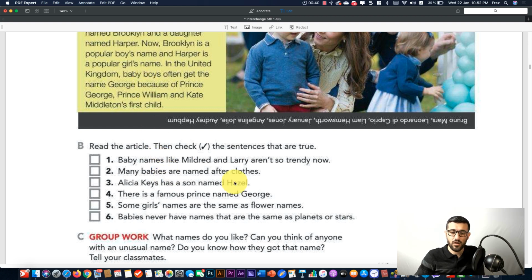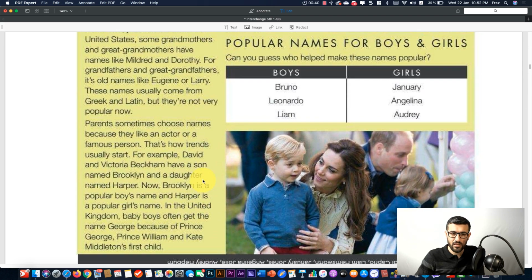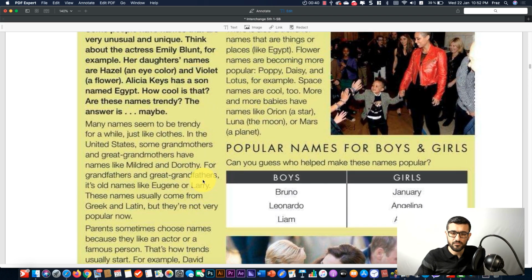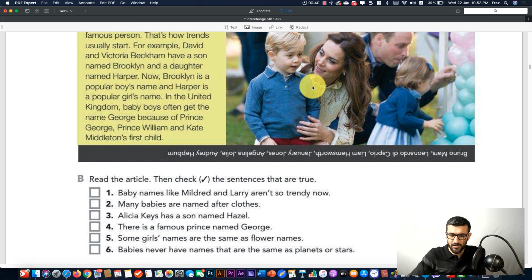Many babies are named after clothes. Is it true or not? We didn't say babies are named after clothes. In fact, babies are named after maybe flowers, places, these kinds of things. So this is not true to the article.